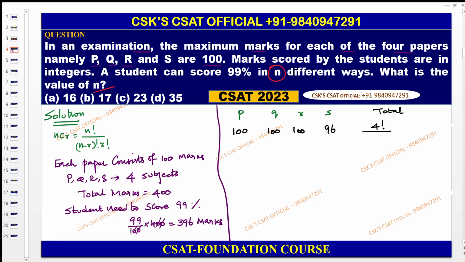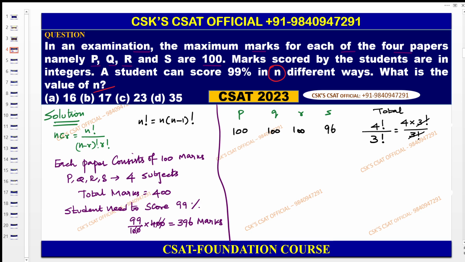Right. So divided by 3 factorial. You know the very basics of factorial: n factorial can be written as n into (n minus 1) factorial. So with this basic, 4 factorial can be written as 4 into 3 factorial, divided by 3 factorial.